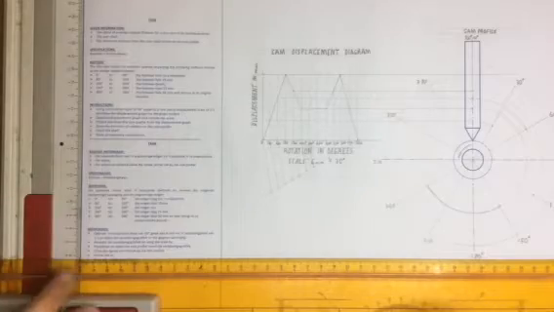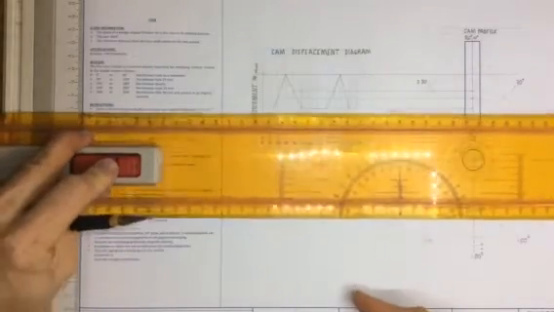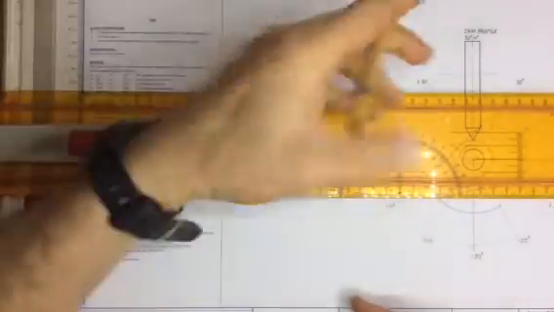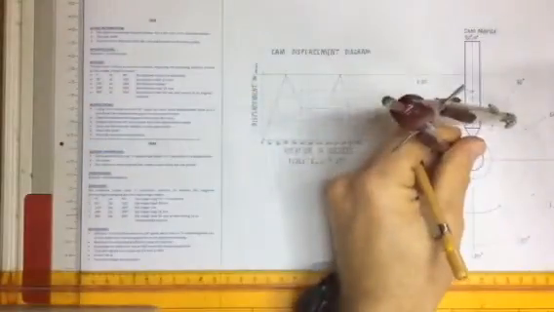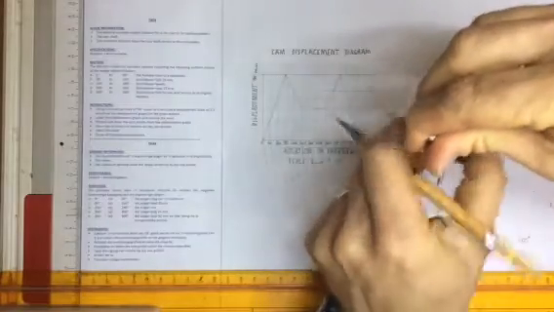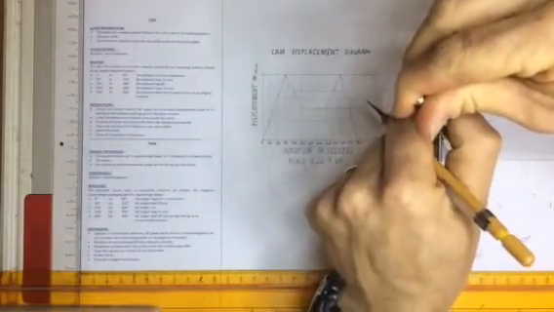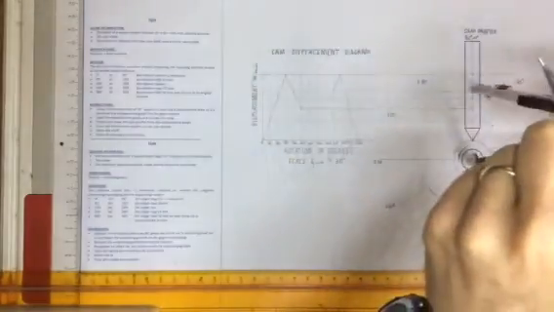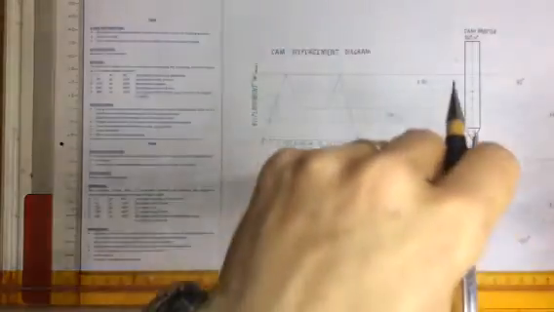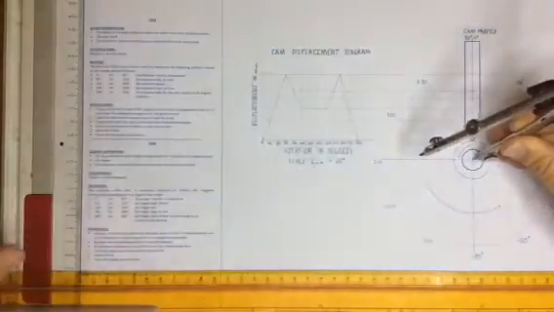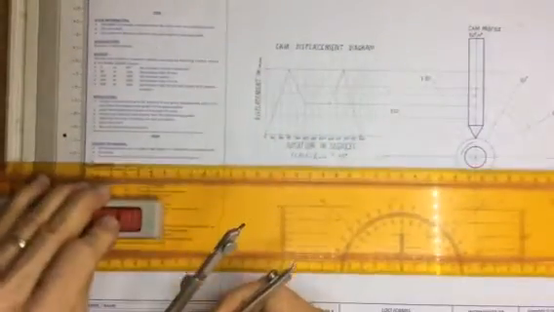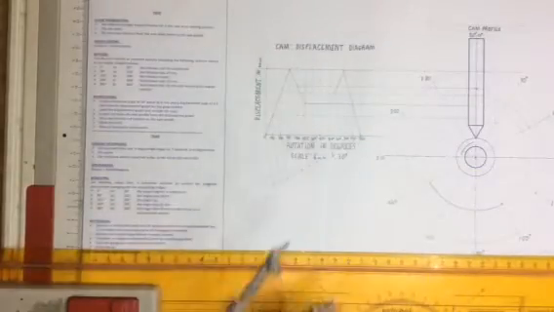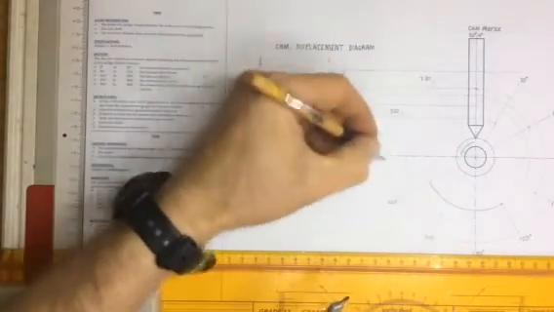Once I've got that, I then start climbing over here, goes across to this point over here, and I take that all the way around, and it ends up at 270. The next one I take across is at its full height, and that is at 300.